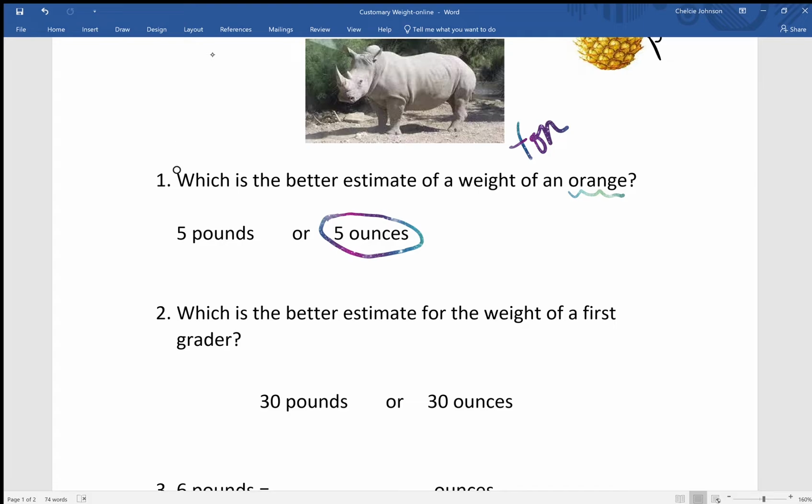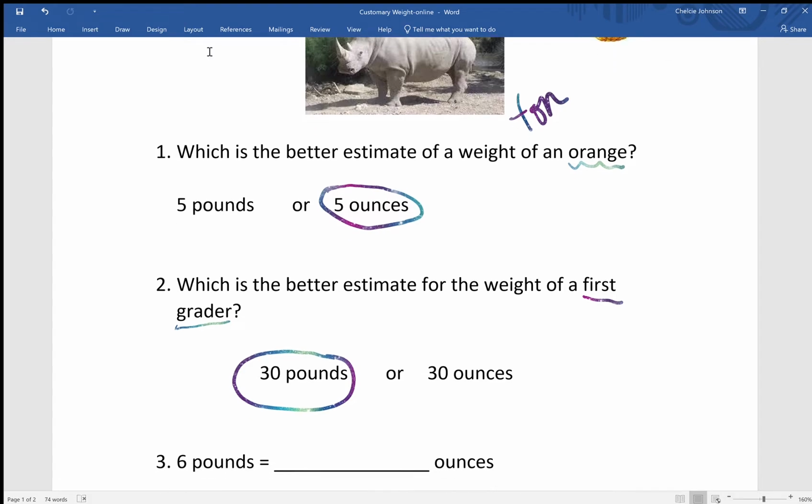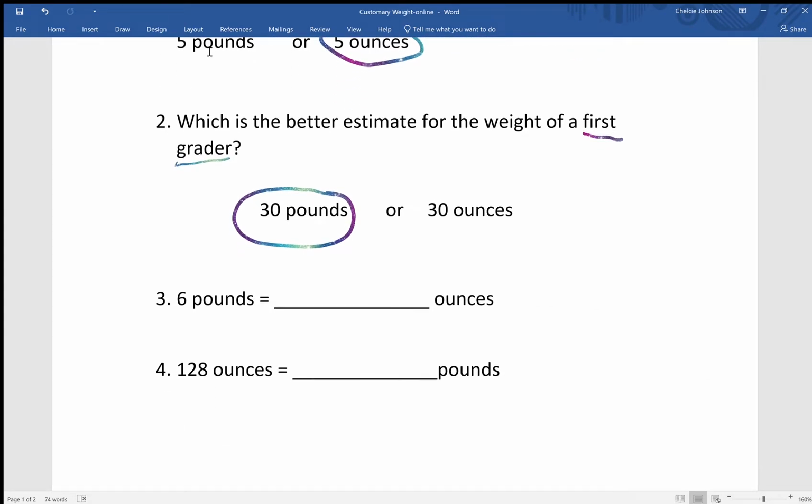Would a first grader weigh 30 strawberries or 30 pineapples? It's another way to relate it. I'm with you. Pounds is way more reasonable than ounces when you're measuring a human unless they're way tiny.